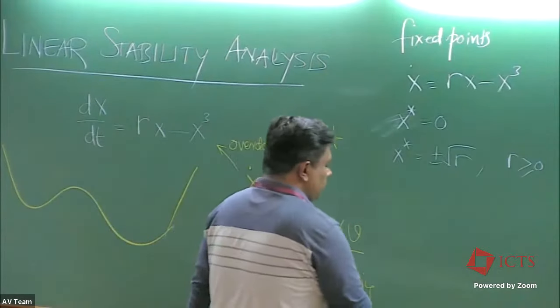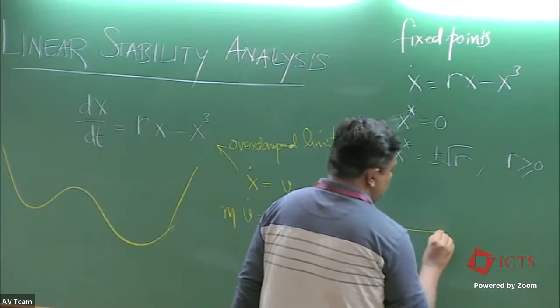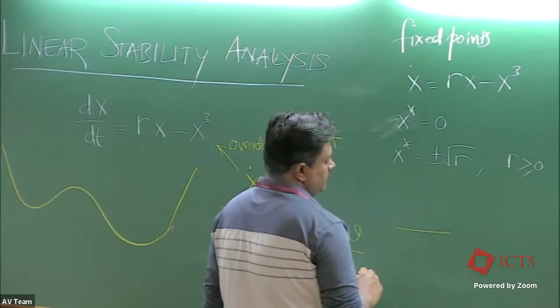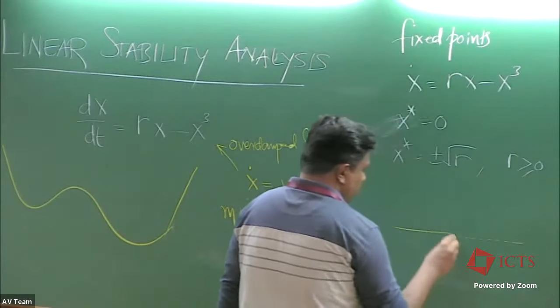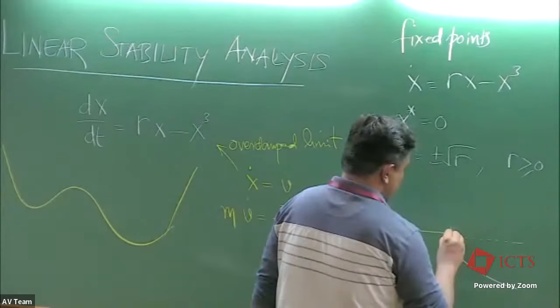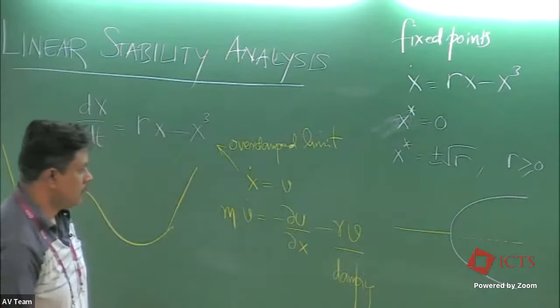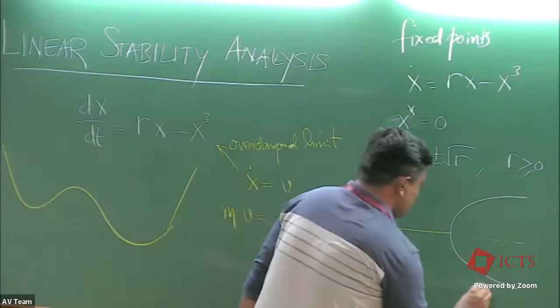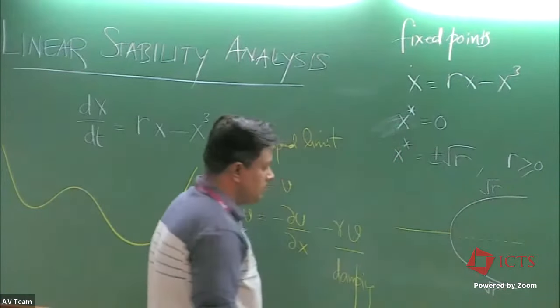We also saw the bifurcation diagram, where the x star equal to 0 state loses stability at some point, and at that point two new states appear, the plus minus root r solutions, which are stable for r positive.